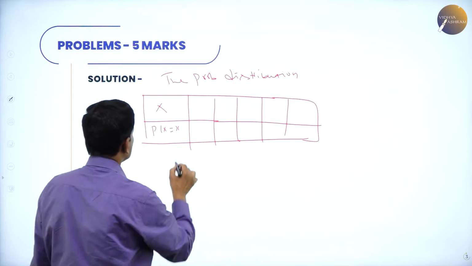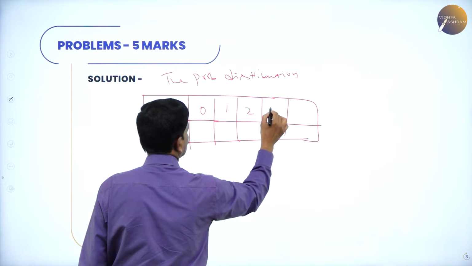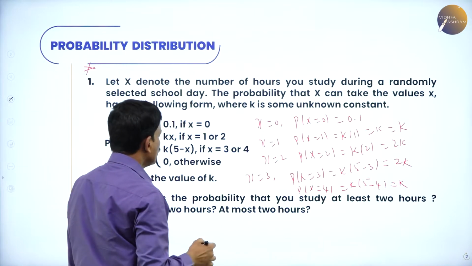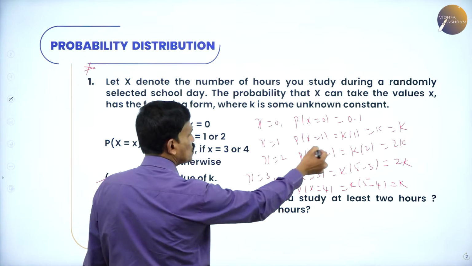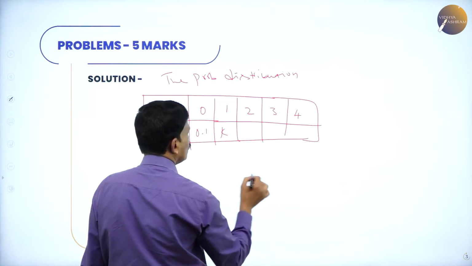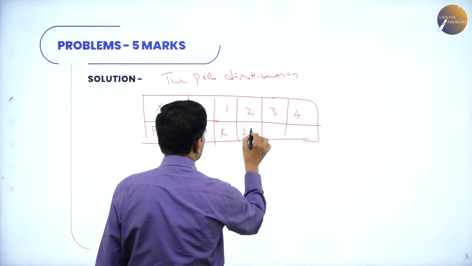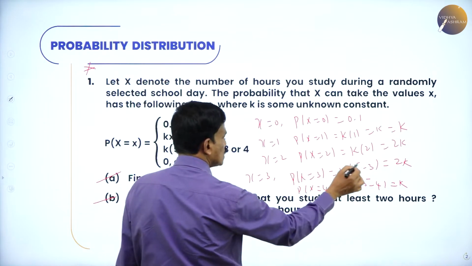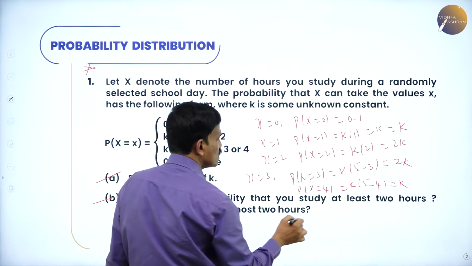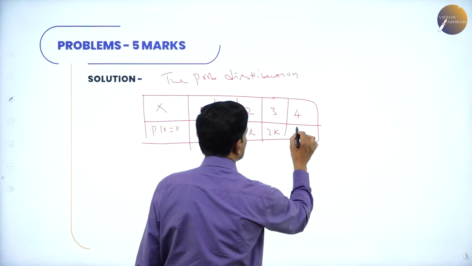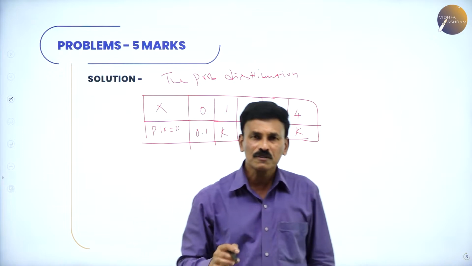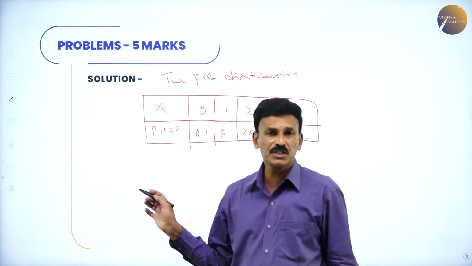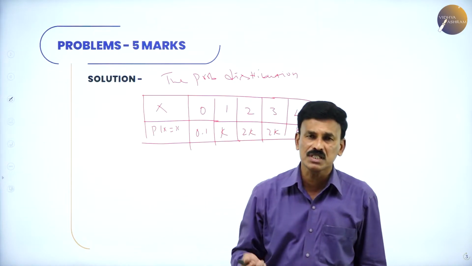When x is equal to 0, 1, 2, 3 and 4: when x is 0, it is 0.1. When x is 1, it is k. When x is 2, it is 2k. When x is 3, it is 2k again. And when x is 4, it is k. This is the probability distribution. First write the probability distribution table and then we can solve easily, right?